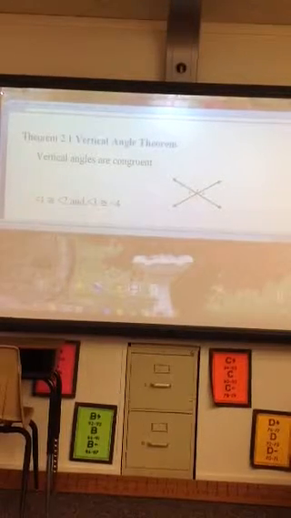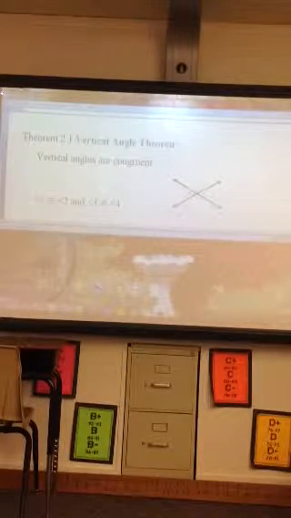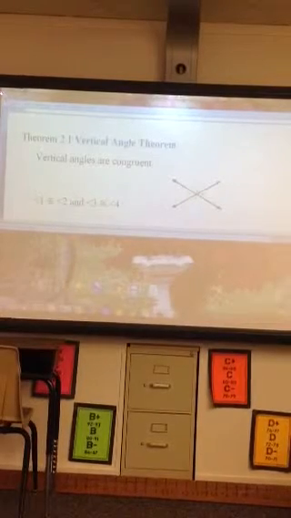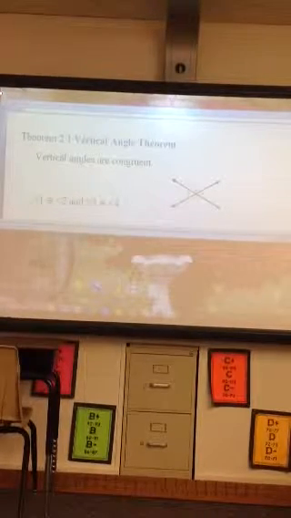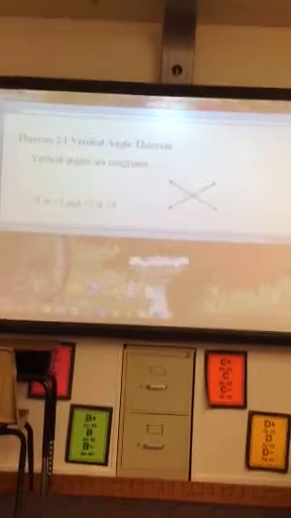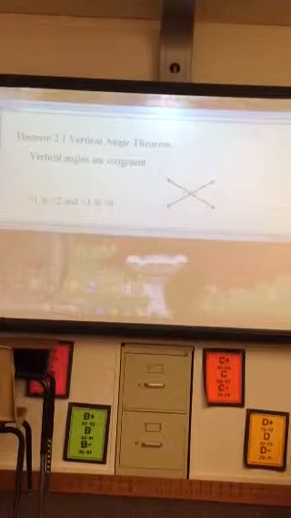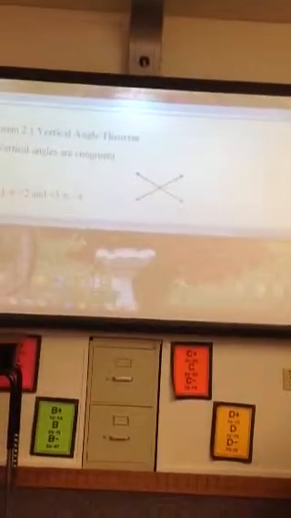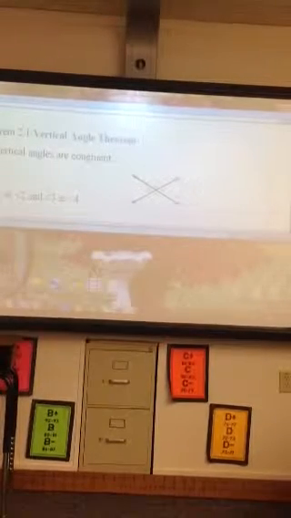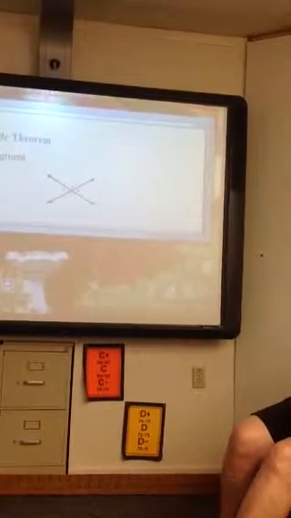You want us to draw the picture too? Yes, I do want you to draw the picture, and I expect you to use your ruler. And if you want to get my ruler, it's sitting on the, you don't have to move that.